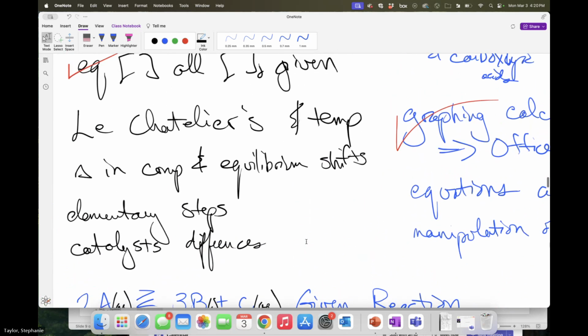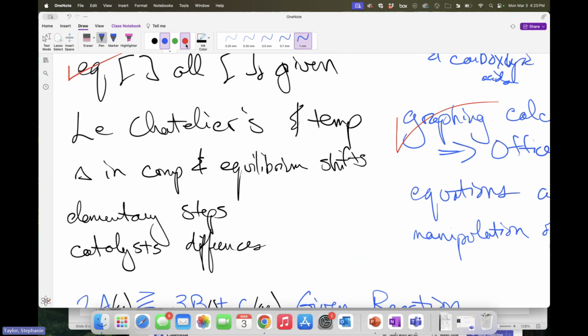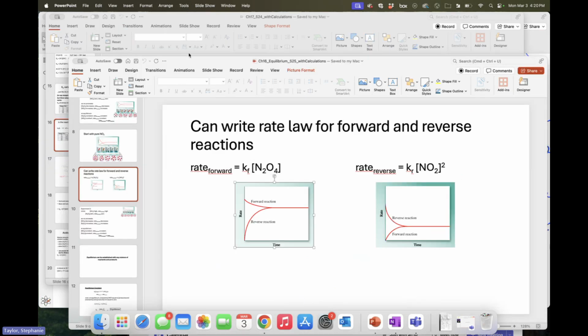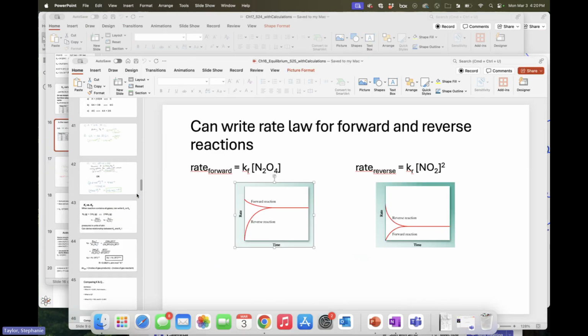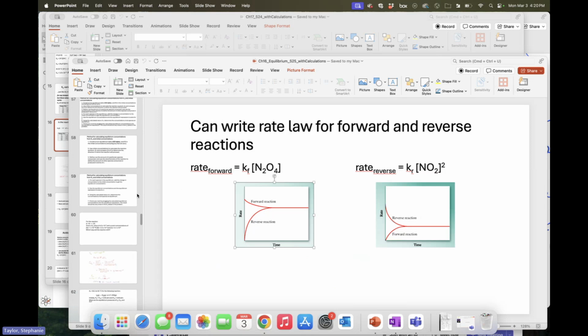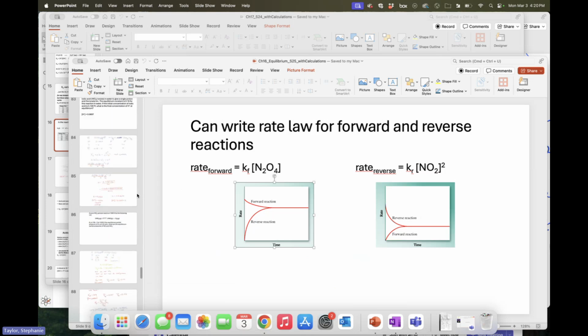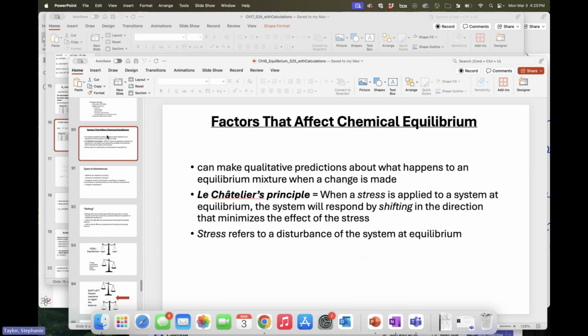Okay. So I think we've done Le Chatelier's principle and temperature. I think we've done changes in composition and equilibrium shifts because we did products and reactants. I'm going to go ahead and scroll back through my own notes real quick to see what else is in there.